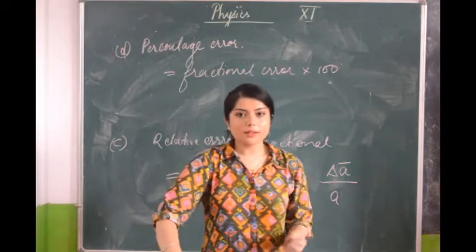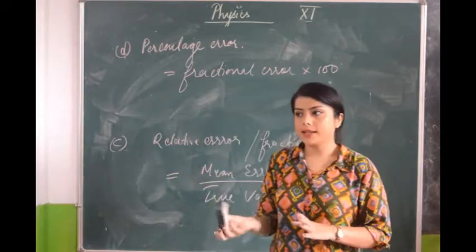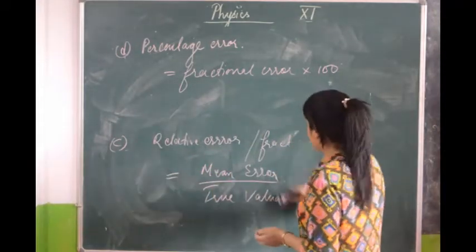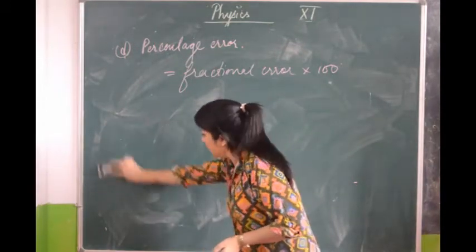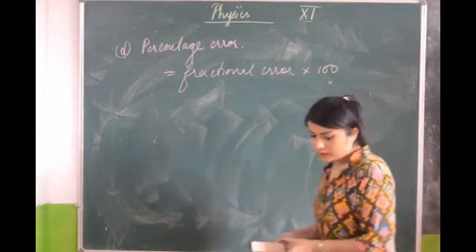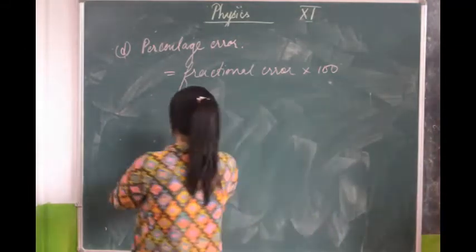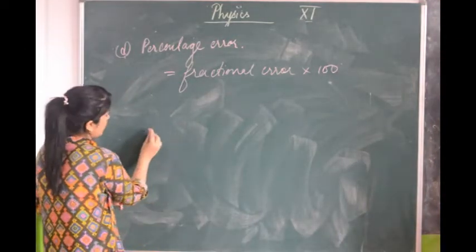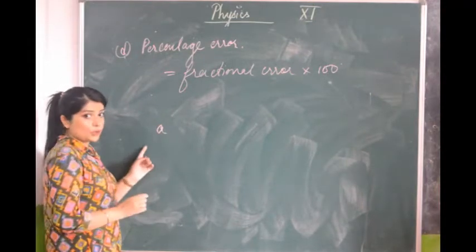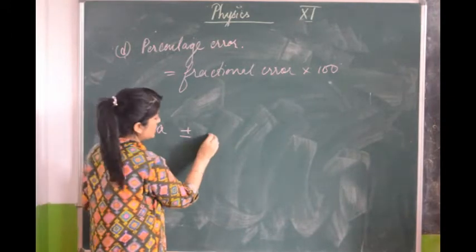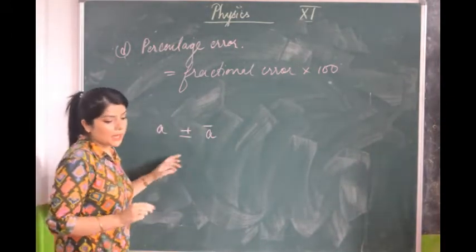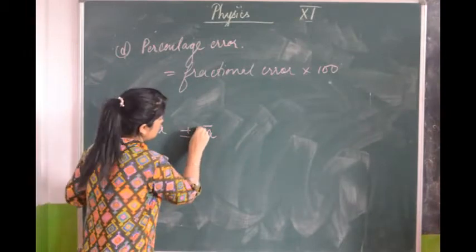Now, ultimately, when we write the error and its range, up to what range the error is there, we write it this way. A, that is the true value, plus minus the mean error.